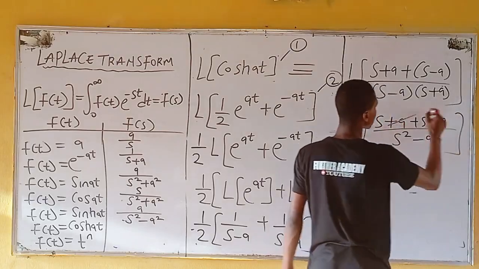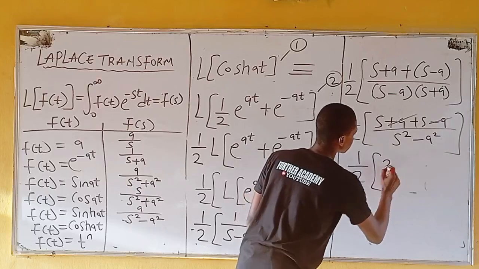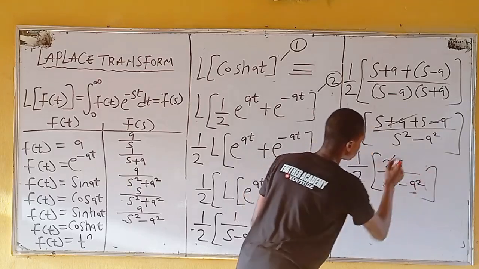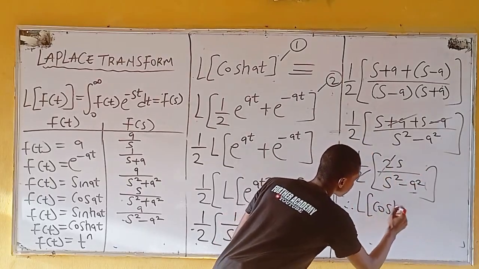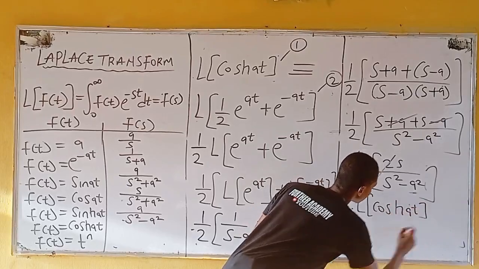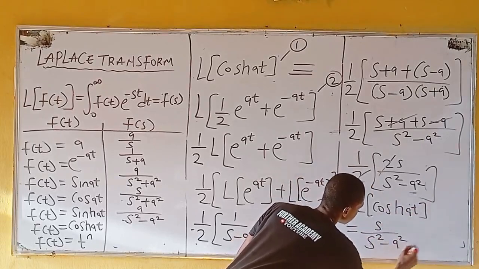You observe that a cancels out. I'm left with 1 over 2 into bracket 2s all divided by s squared minus a squared. 2 cancels out. Therefore, the Laplace transform of cosh at is equal to s all divided by s squared minus a squared.